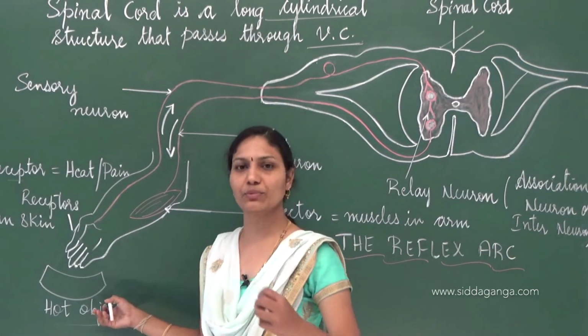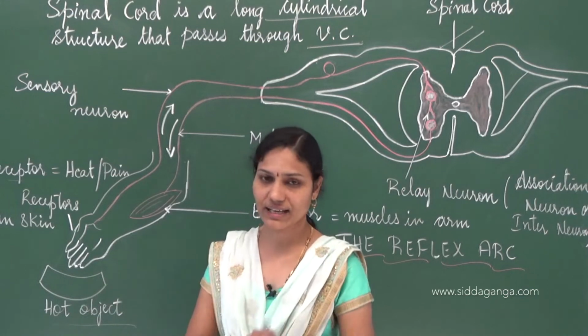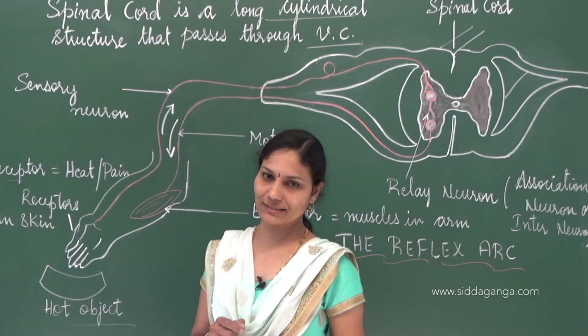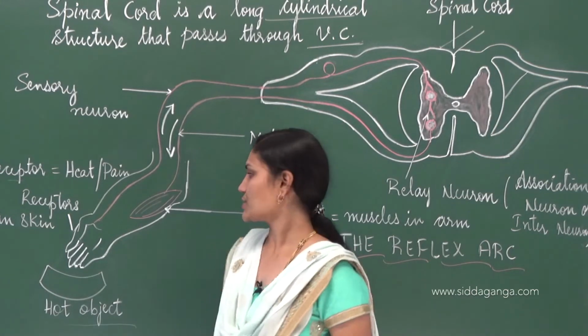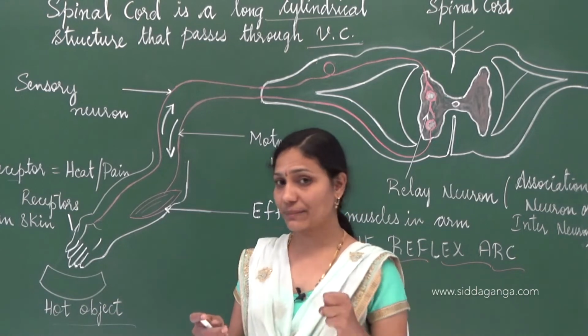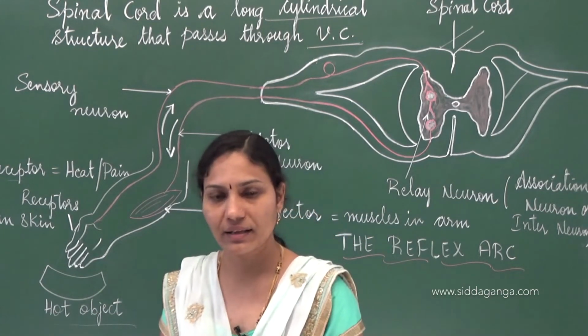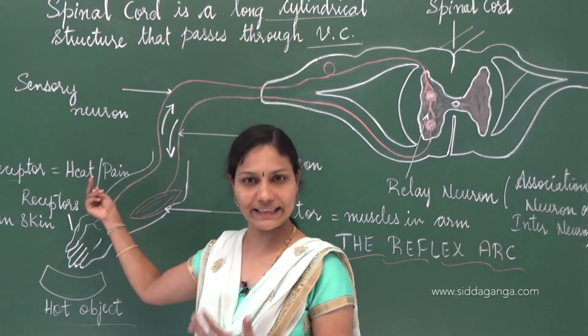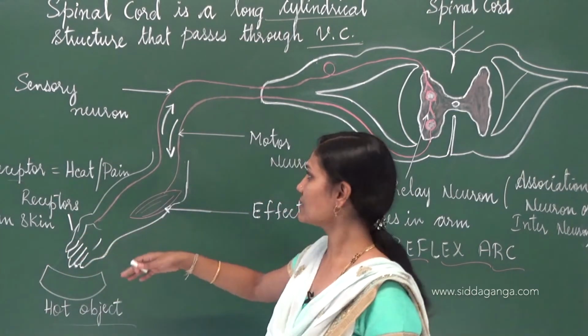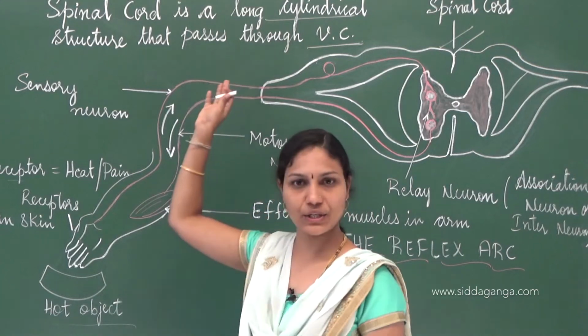A hot object is a stimulus, the change in the external environment, and this stimulus is received by our sense organ, that is the receptor. So the receptors in the skin receive these stimuli. What type of stimuli? The stimuli of pain or heat is received, and finally these signals are transferred to the sensory neuron.